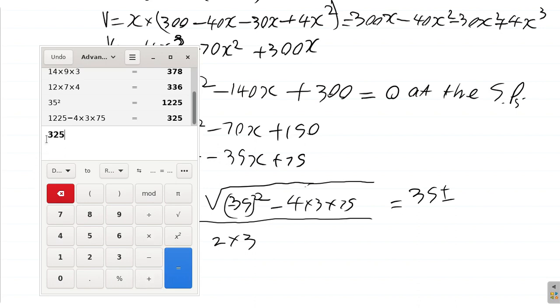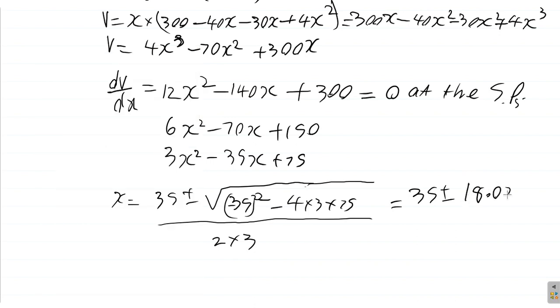And then the square root of 325 is 18.028. Alright? So it's 18.028 over 6. So we have two values of x. Let us see what they are.